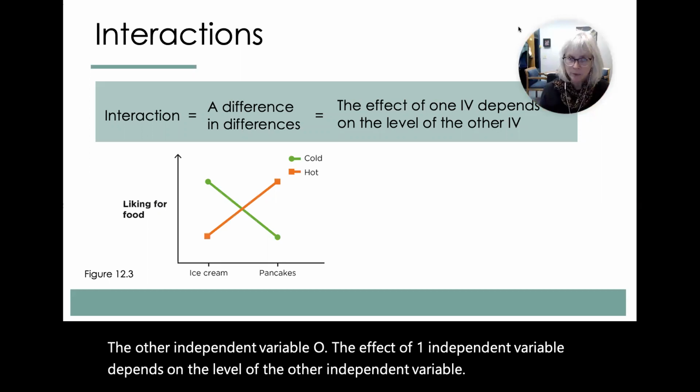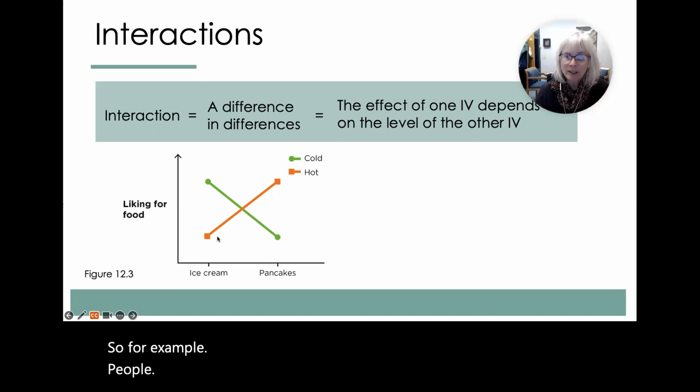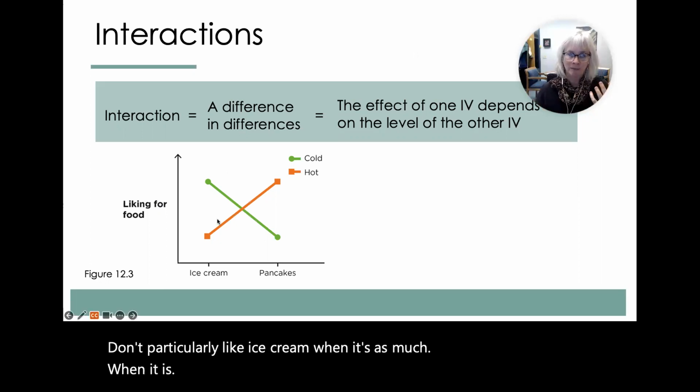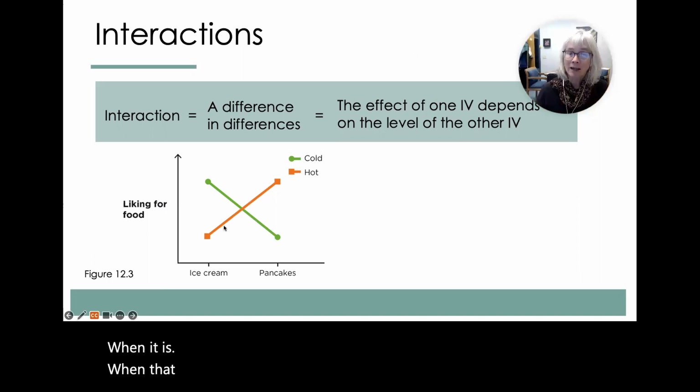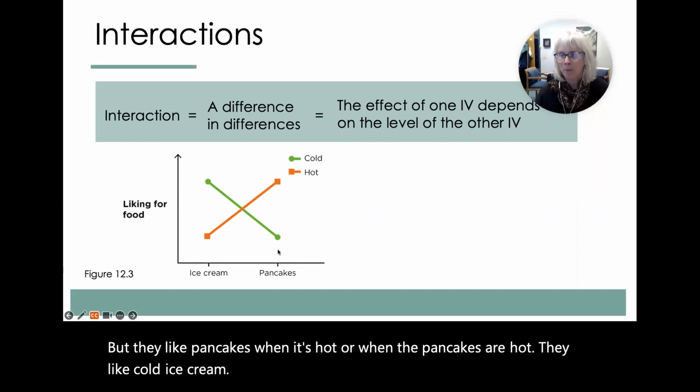For example, people don't particularly like ice cream when that ice cream is hot, but they like pancakes when they are hot. They like cold ice cream, but don't like cold pancakes.